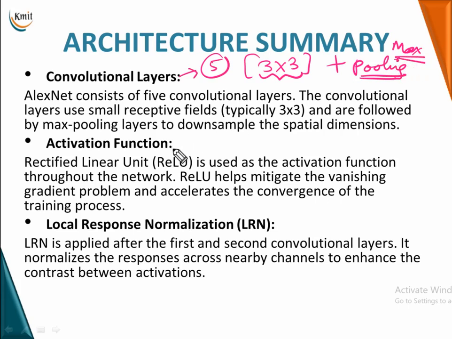For the activation function, almost every layer used ReLU, the rectified linear unit, which at that time helped mitigate the vanishing gradient problem and accelerated the convergence of training. The normalization used was local response normalization, applied after the first 2 convolutional layers. It normalizes the responses across nearby channels to enhance the contrast between activations. So you have to remember this architectural summary for AlexNet.